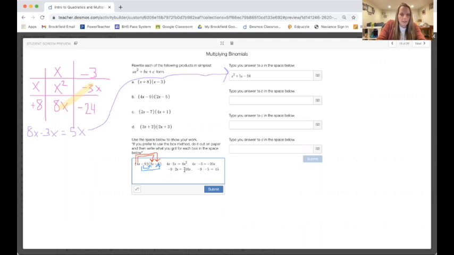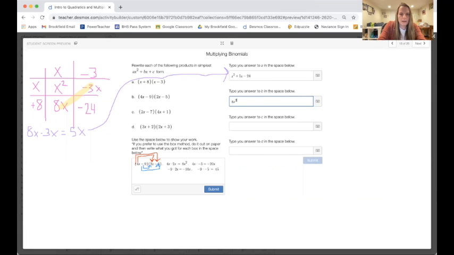And then combine your like terms, so negative 18x and negative 20x is negative 38x, so we're going to have 8x squared minus 38x plus 45 for B.